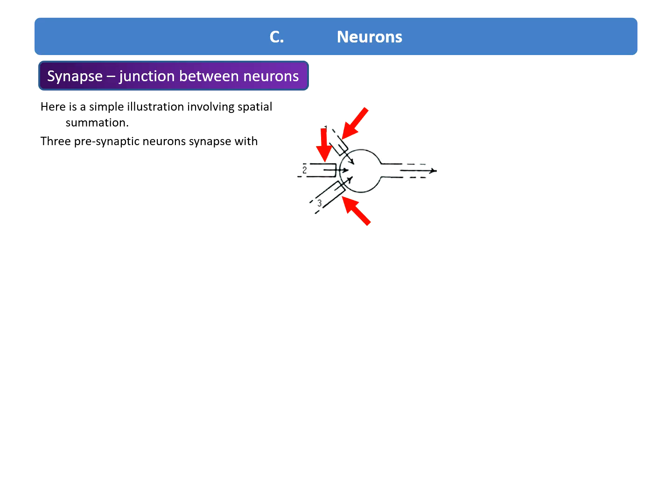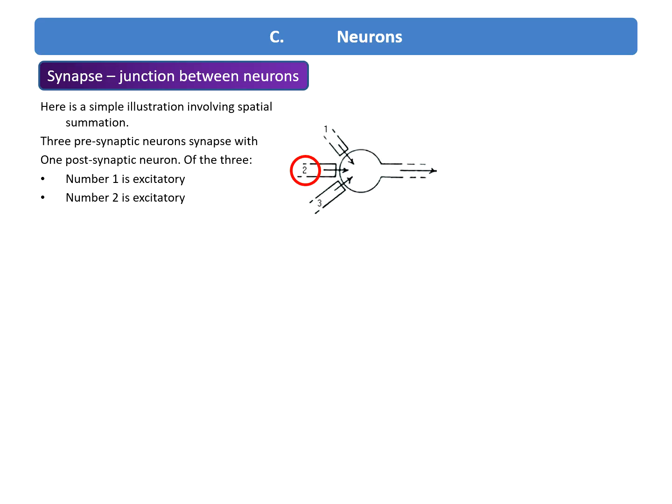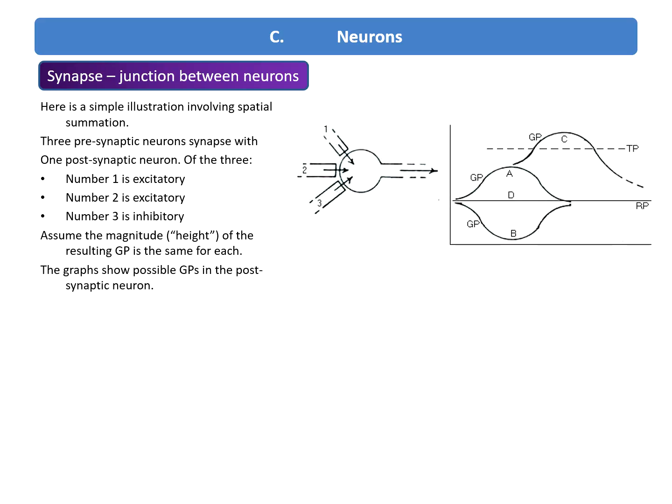Notice you have three presynaptic neurons synapsing with one postsynaptic neuron. Of the three, let's say number 1 is excitatory, number 2 is excitatory, but number 3 is inhibitory. Let's assume further that the magnitude, that is the height, of the resulting graded potential is the same for each.